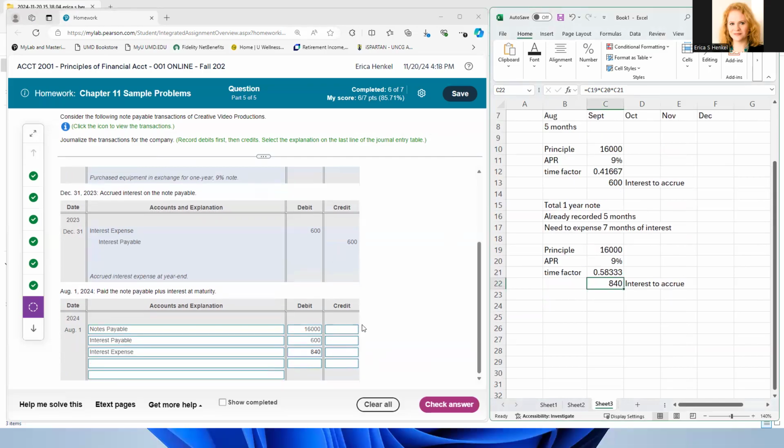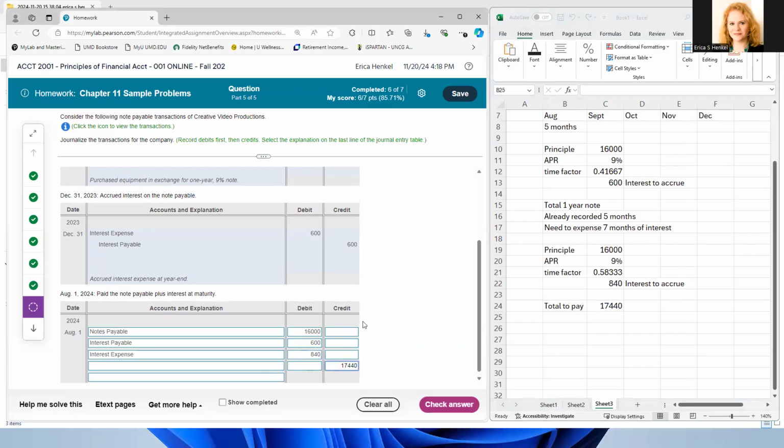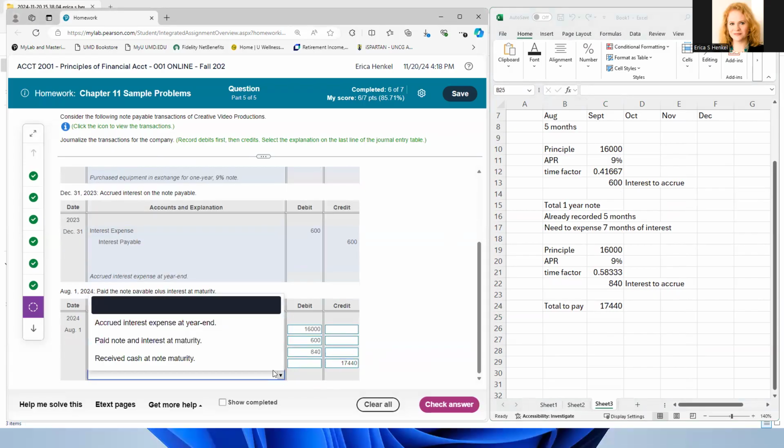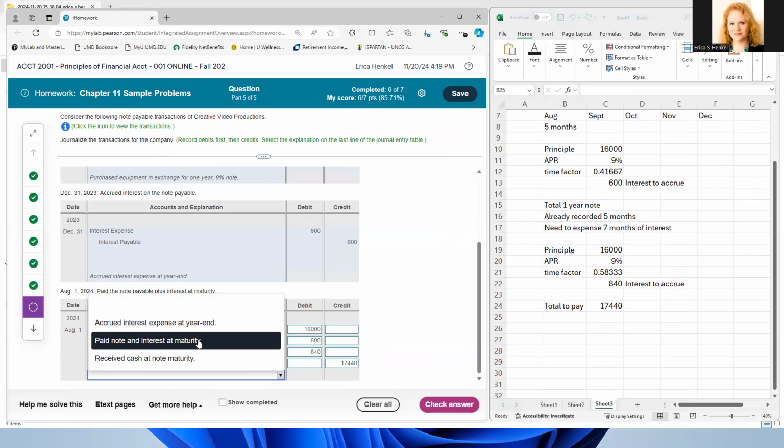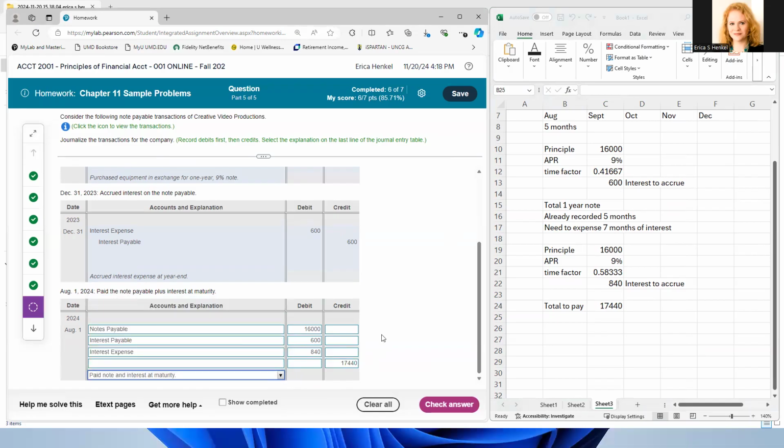And so that means our total payment is going to be 16,000 plus the 600 we owed from before, plus the additional 840 we owe now, for 17,440. So that is to pay note and interest at maturity.